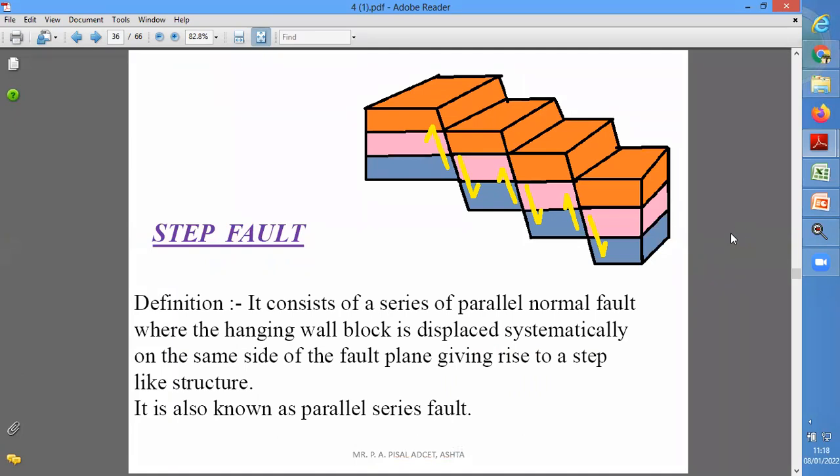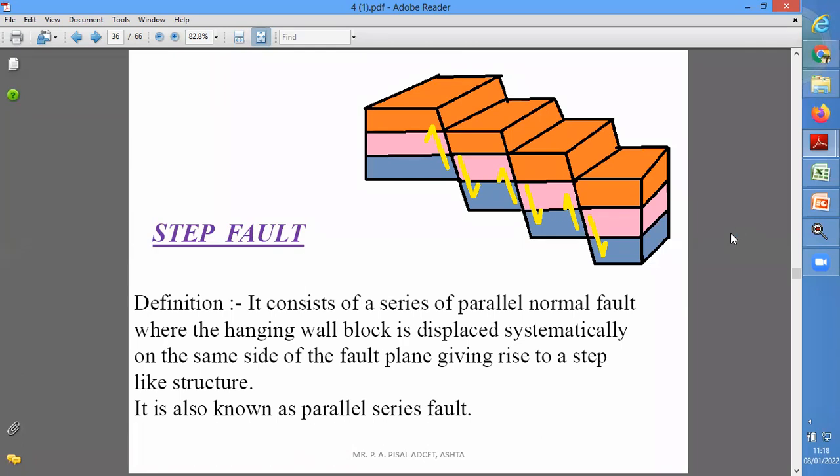Step fault. Now, what is the meaning of step fault? As the name indicates, the fault looks like steps. It is a series of faults. More than two or three fault planes are there, and they are formed in a step-like pattern.